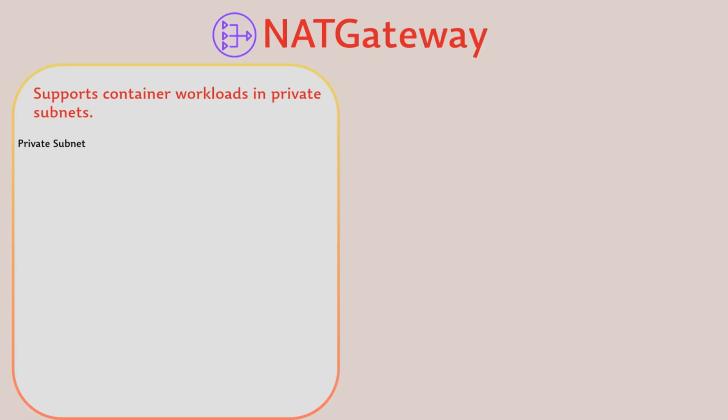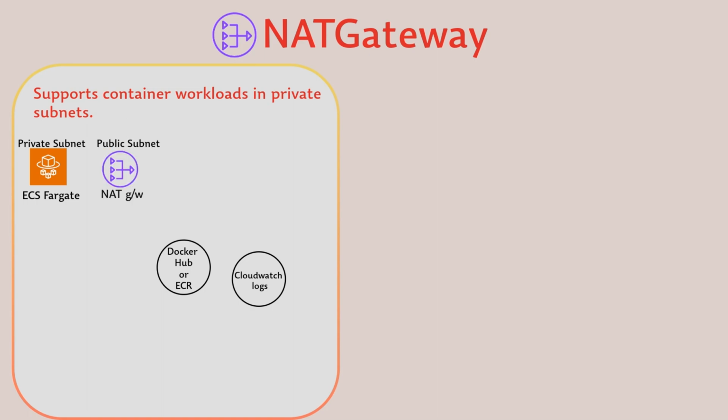Example from ECS Fargate: if ECS services want to pull images from ECR or Docker Hub, or push logs to CloudWatch Logs, in that case we will use the NAT gateway, so that the ECS task can go to the NAT gateway, followed by the internet gateway, and then from the internet it can pull and push.